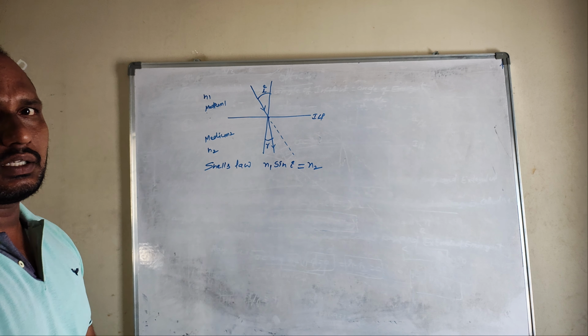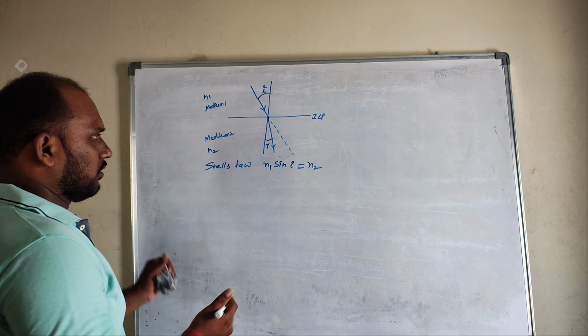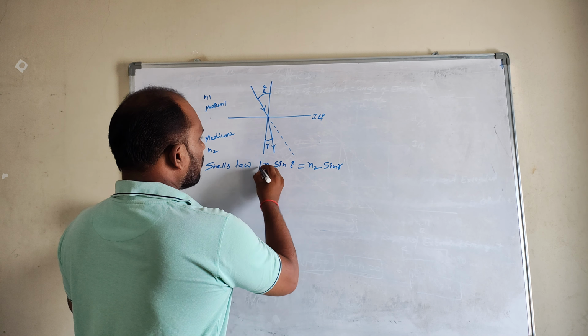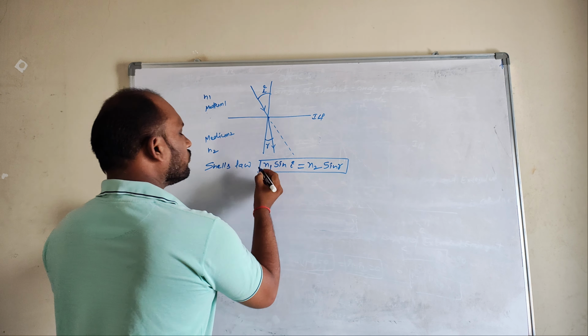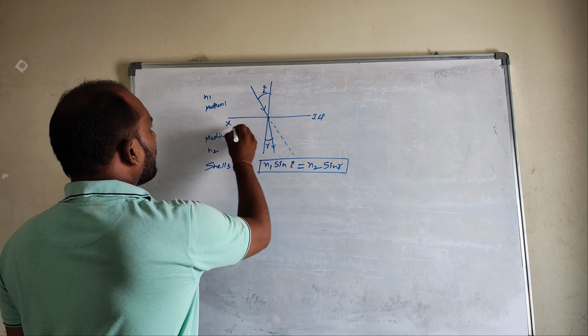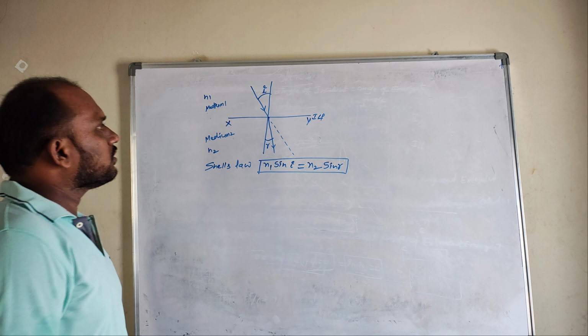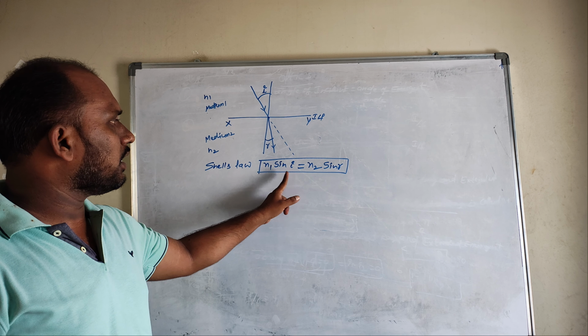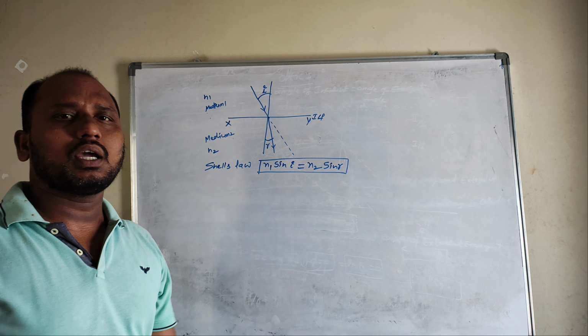That angle is called the angle of refraction, so sine of the angle of refraction. This is called Snell's law for this XY interface: n1 sin i is equal to n2 sin r.